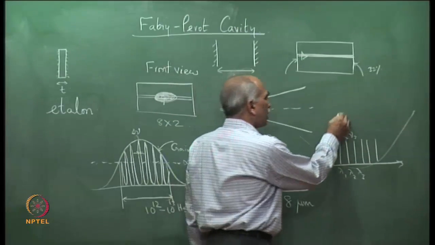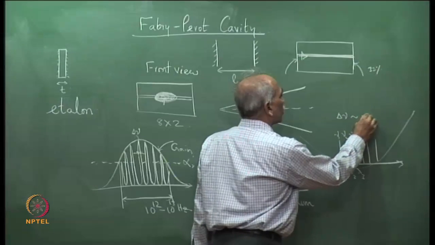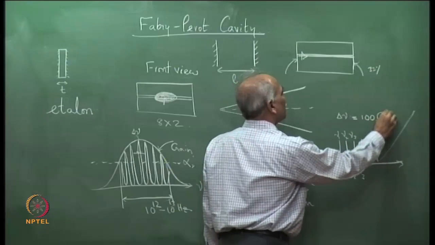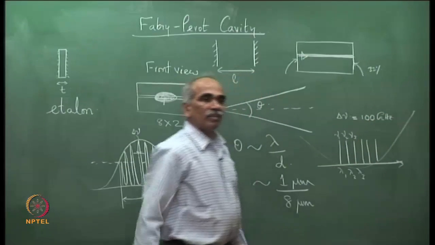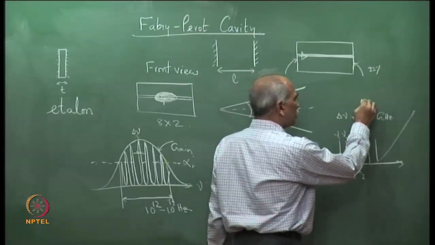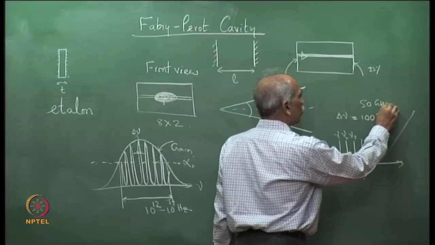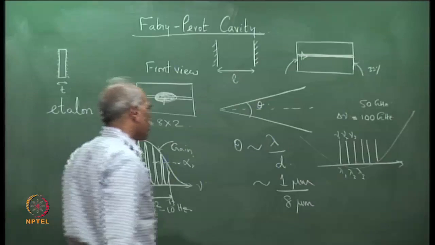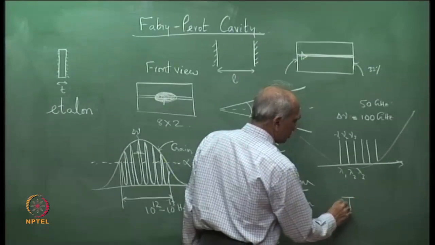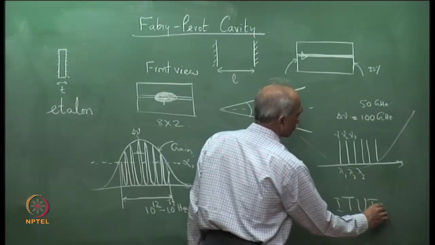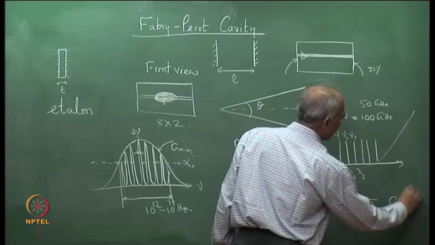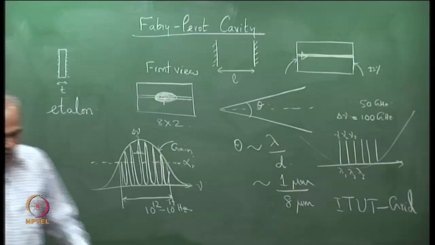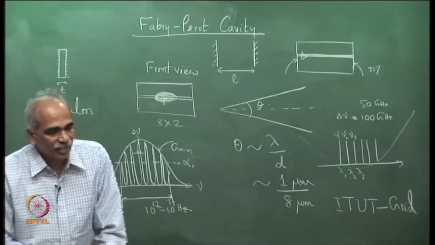The frequency separation delta nu is equal to 100 gigahertz, because it is a standard, or you can go to 50 gigahertz, which is also permitted. This is called the ITU-T grid, International Telecom Union, grid wavelengths or grid frequencies. These are international standards, and the separation is 100 gigahertz.